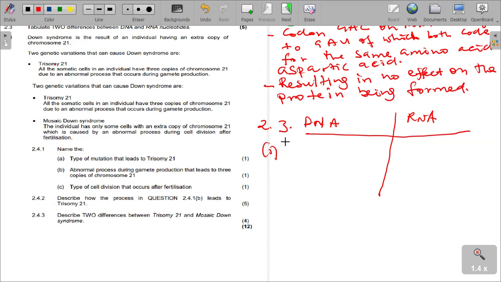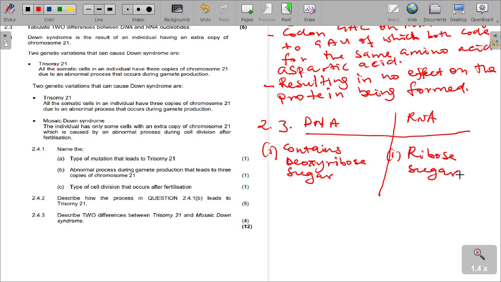It contains deoxyribose sugar, and RNA has got ribose sugar.